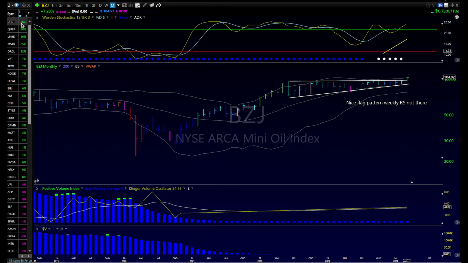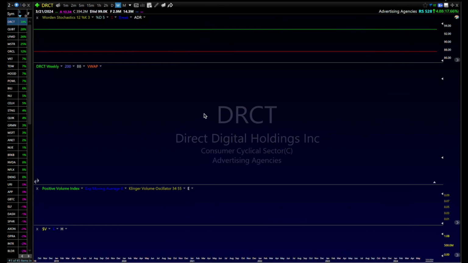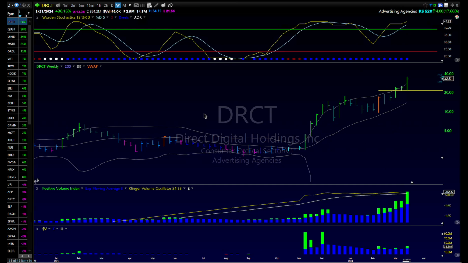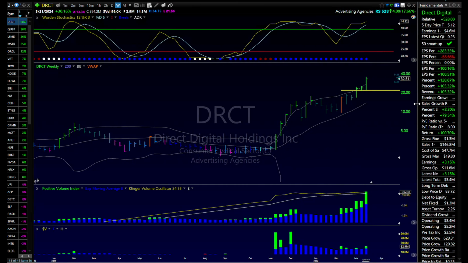Let's look at the Darvas box breakouts, DRCT. See, this is an easy one to read. Now this is where I can bring in my fundamentals as well. It's relative strength versus the S&P. It's up 528% in comparison.